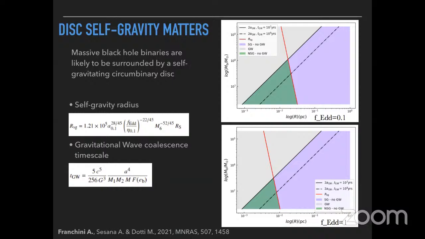In this region, you are completely dominated by gravitational wave emission, so you don't really care. And in all these regions, it is really important to include self-gravity because assuming just the locally isothermal equation of state and negligible self-gravity is not a terribly good approximation.